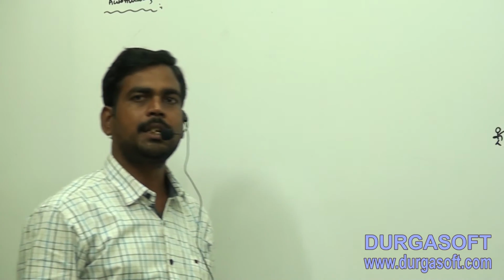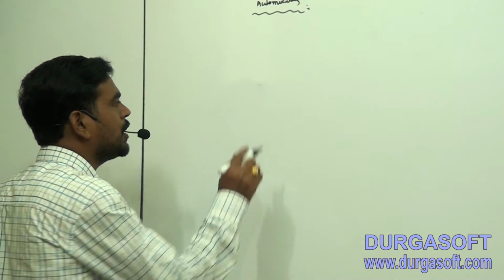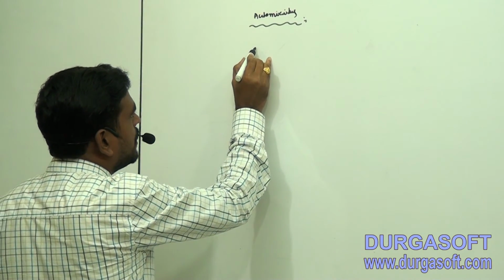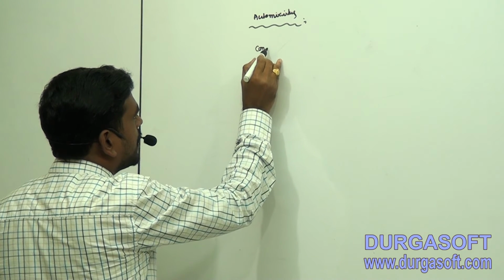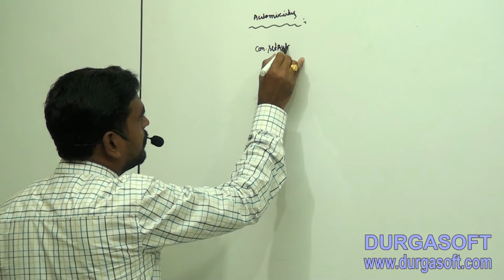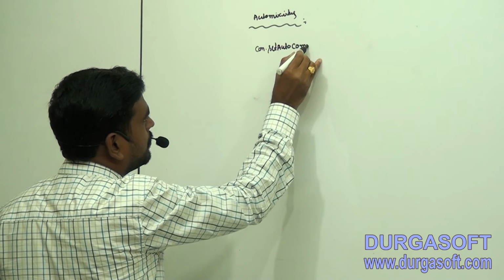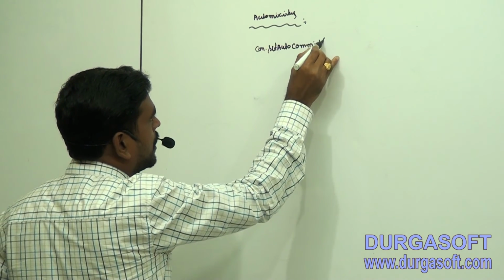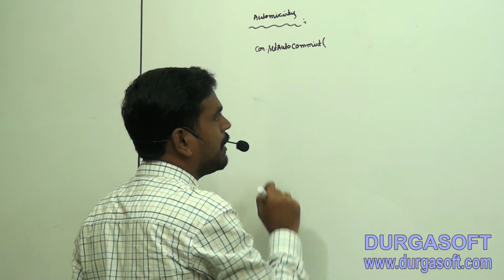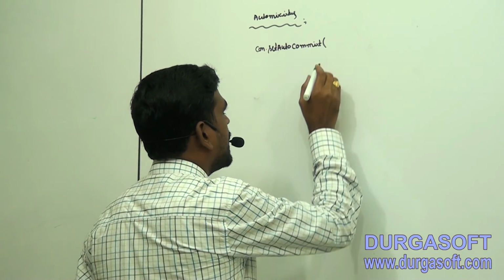How do we convert in our application? After getting the connection object, we write this statement: con.setAutoCommit(boolean value). Here con means the connection object, and setAutoCommit is the predefined method given by the Connection interface.